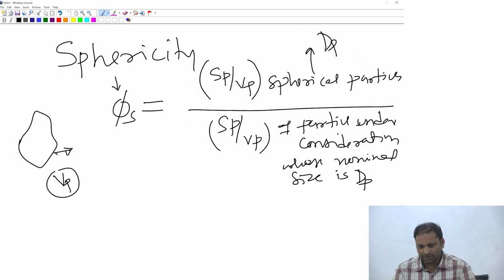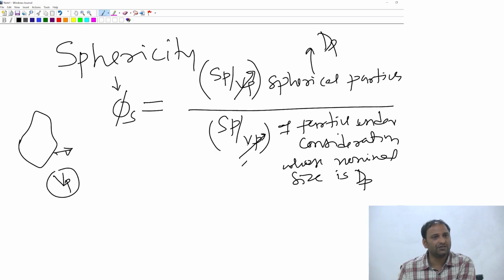Now let's go back to the definition. When you're extracting the size by equating the volume, your Vp here and Vp here are exactly the same. You're taking a sphere and saying the volume of the sphere is equal to the volume of the particle under consideration.